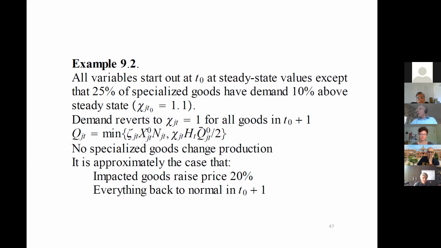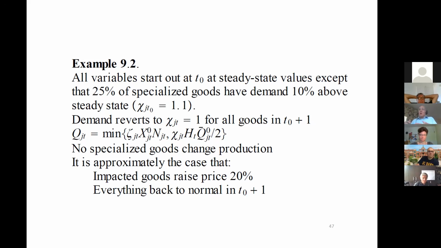Period T naught plus 1, everything's going to return to steady state. Everybody knows that. So in this case, no specialized good has any incentive to change production. Sure, demand is higher, but you can't raise production because you're at capacity at time T naught. So all you do is raise price.